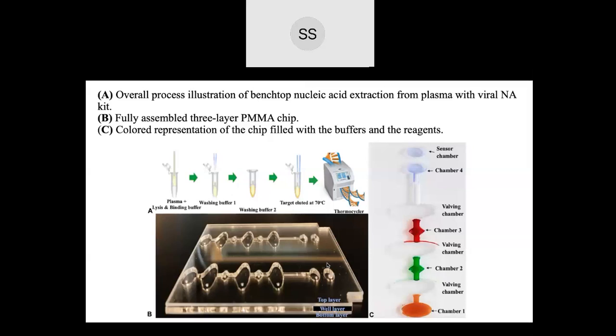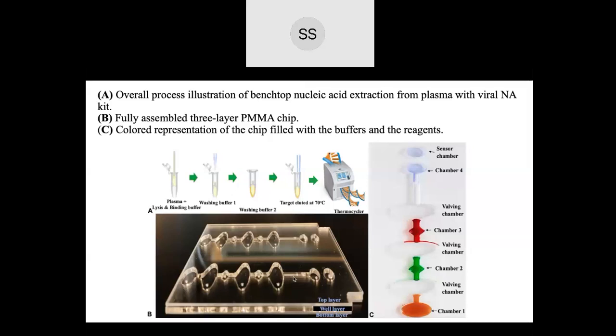This microfluidic chip is made of PMMA and contains different chambers which carry all these benchtop processes on one single platform. And the image on the right, C, is a color representation of the chip filled with the different types of buffer and reagent.